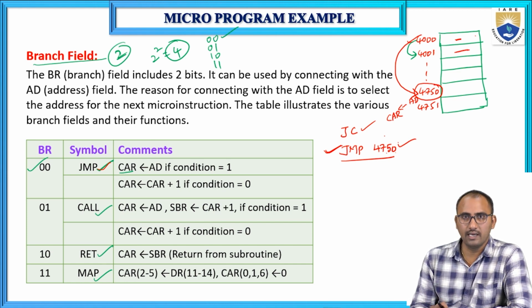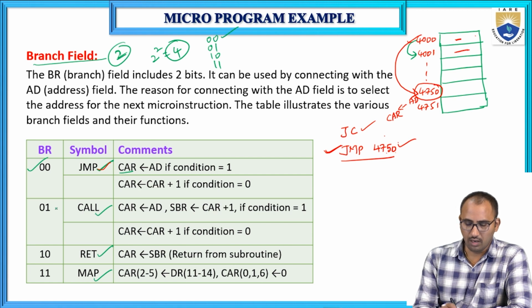Whenever we call a function, the program control will go to the function definition, all the statements in that function definition will get executed, and after that it will return back to the next instruction of the main program. So that is a call. For call, the branch field should be 0, 1.